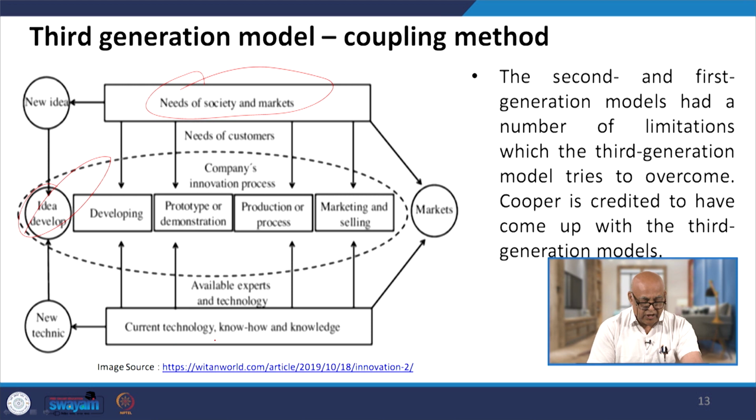So with the current technology, know-how and knowledge, you go for new techniques, and with the new techniques, available experts and technology, you go for developing the prototype or production processes, and the marketing and selling.